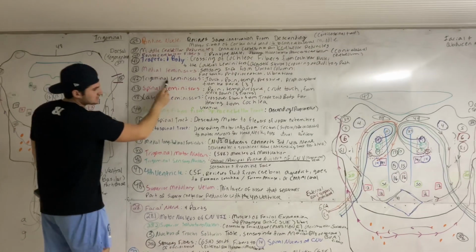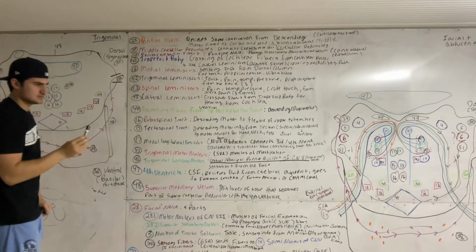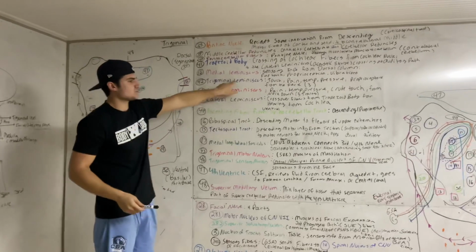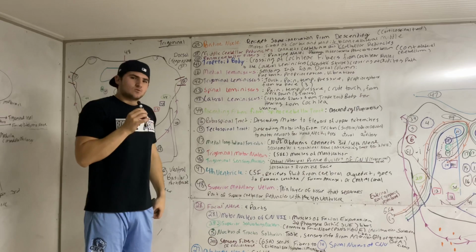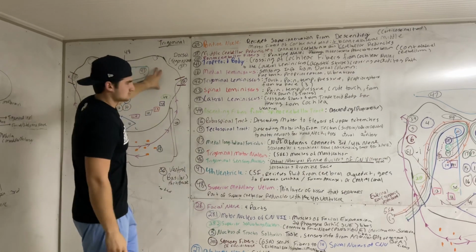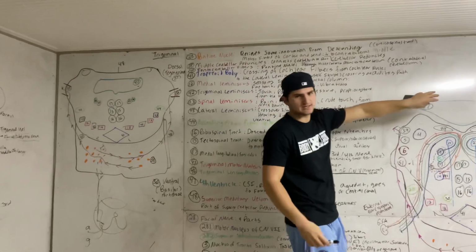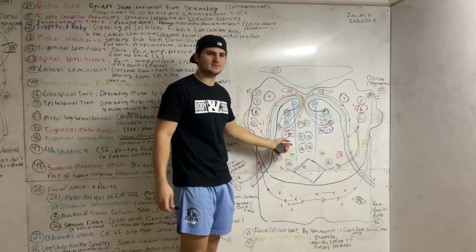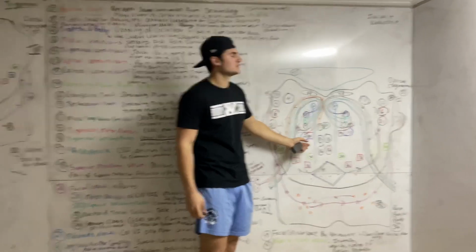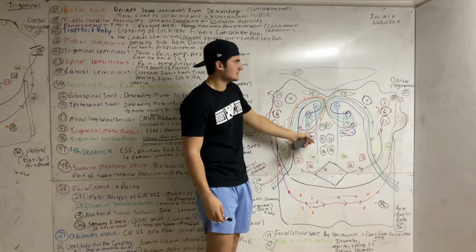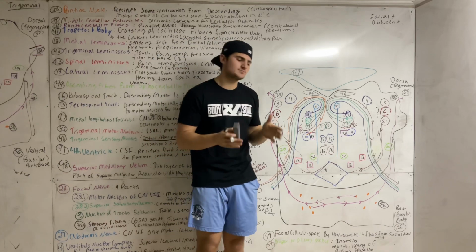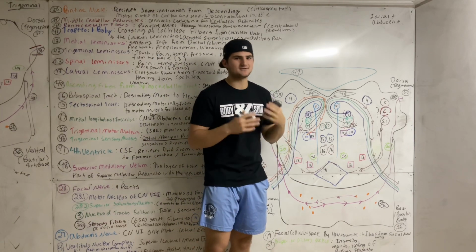Now, the trigeminal meniscus. Where do you think the trigeminal meniscus is going to be? I have it as number 42. What did we say? This is the trigeminal region. This is the facial and the abducens region. So, do you think the trigeminal meniscus is going to be located here? No. What is going to be located in the facial abducens region? Well, you're going to have tracts coming up, particularly our spinal tract.